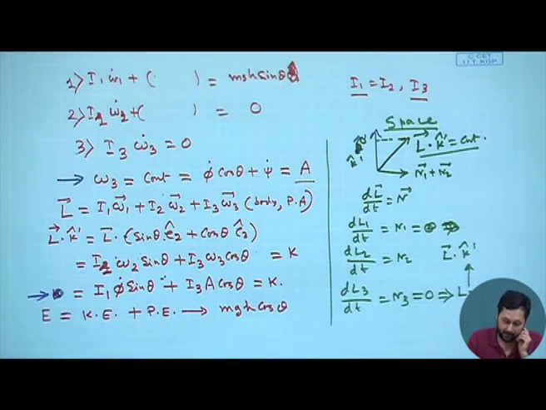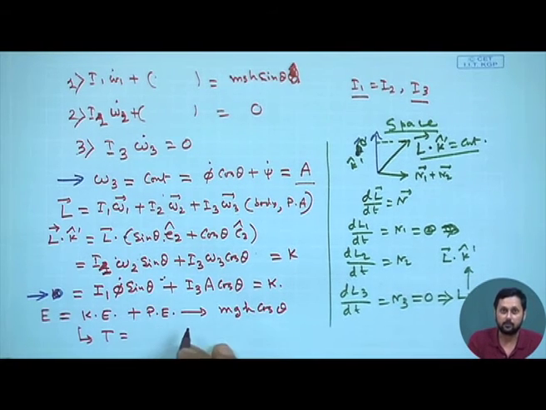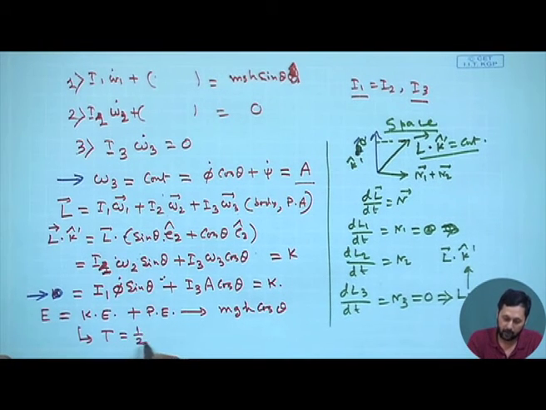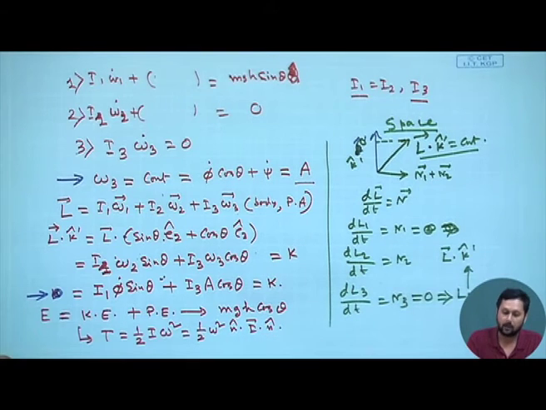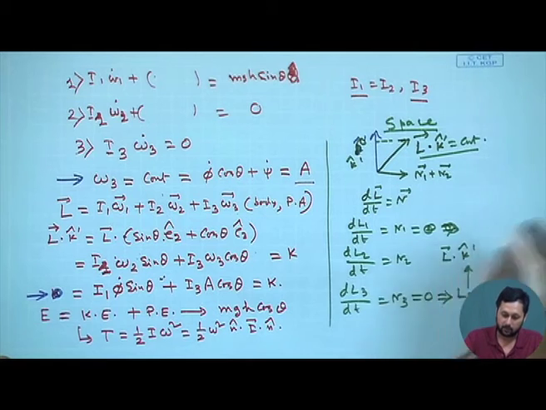Now, for the kinetic energy, please recall kinetic energy T is given by half I omega square, which is equal to half omega square n I n. Now, remember our discussion on the ellipsoid of inertia.